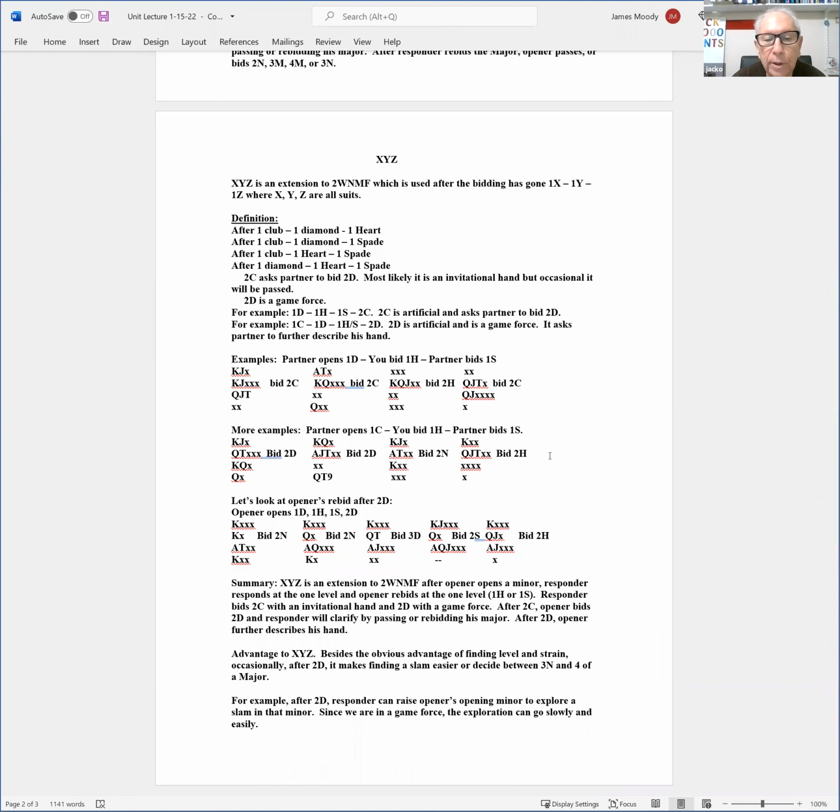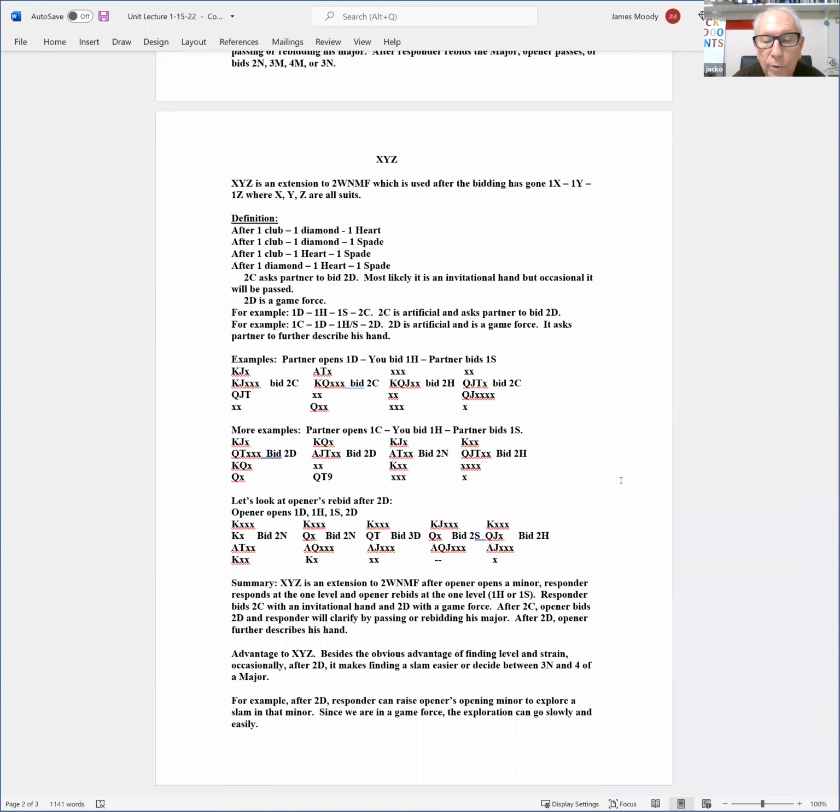Okay, so let's look at opener's rebids after 2 diamonds. So 2 diamonds is a game force, right? So now you're just supposed to describe your hand as opener as best you can so that responder can decide level and strain. The first one you've got 4, 7, 10, 13, so you bid 2 no trump. Next one you have a 2 no trump, right? 9, 11, 14.